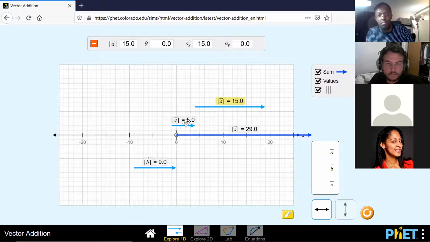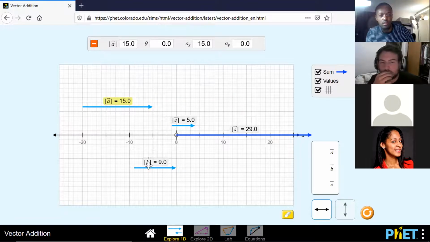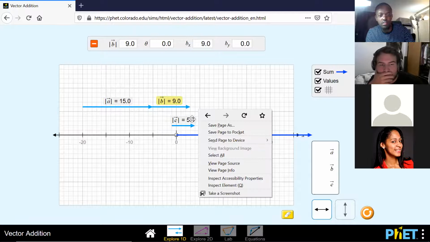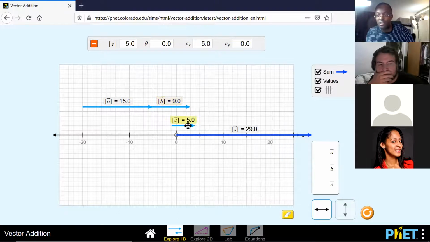So A plus B plus C: A is here, plus B, put B here, plus C here. You see how I'm translating them? I'm moving them parallel to themselves. That's what translation is, until head touches tail.